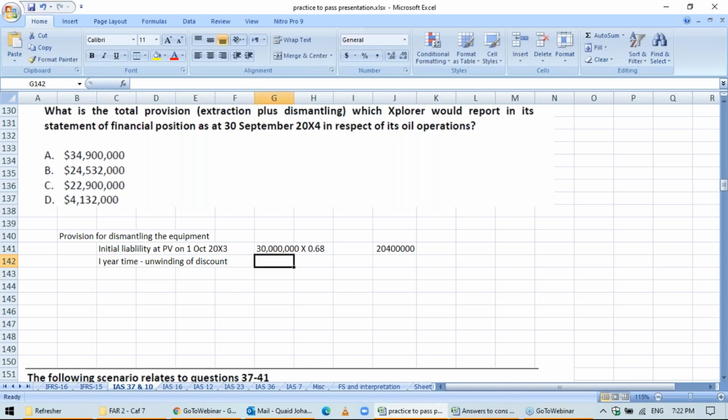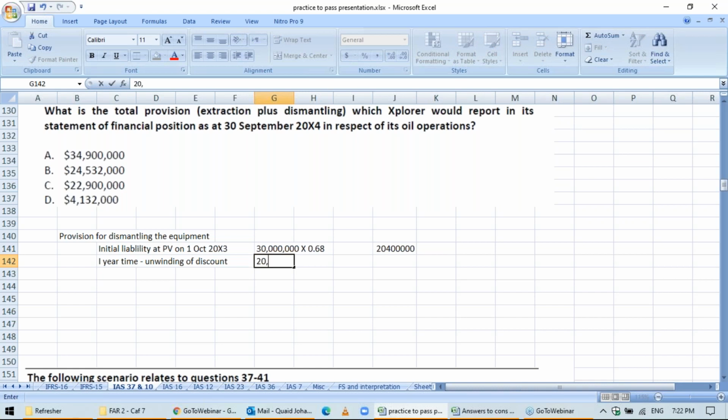You calculate the present value, so you reduce the amount. Now when the time passes on, again the liability component will increase with the amount of discount. First you remove the interest and now you add back that interest. So initially you discounted the cash flows, now you will unwind it. Unwind means you will again add back the interest to it. So now how much interest should be added? Always the interest will be applied to the balance outstanding.